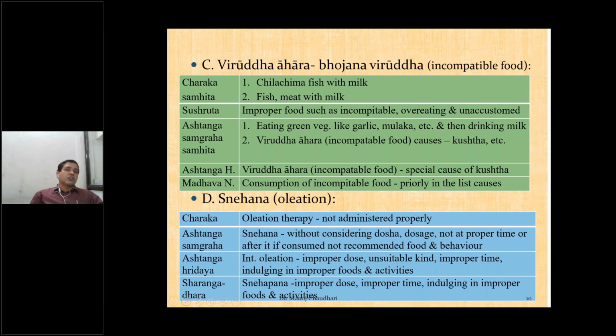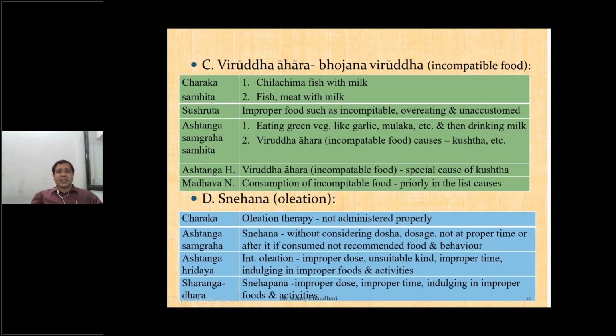Anyway, coming to the point, Sushruta Samhita has mentioned foods such as incompatible, overeating, and unaccustomed. What is unaccustomed food? It means food which is not habitual for you. Suppose in Punjab they eat curd or lassi daily, but in Maharashtra it is not habitual for us. It is unaccustomed food, so this is also a cause of skin disease according to Sushruta.